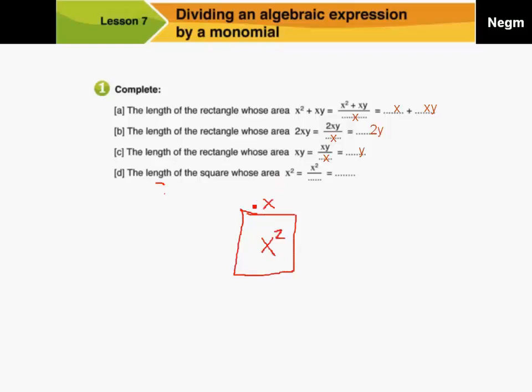We assume the width or one side is x, so x squared divided by x gives x. Why x? Because we have division, so we have to make subtraction of the power, which is 2 minus 1. 2 minus 1 is equal to 1. So it is equal to x to power 1, which is x.